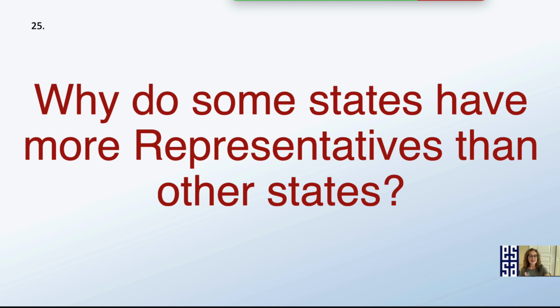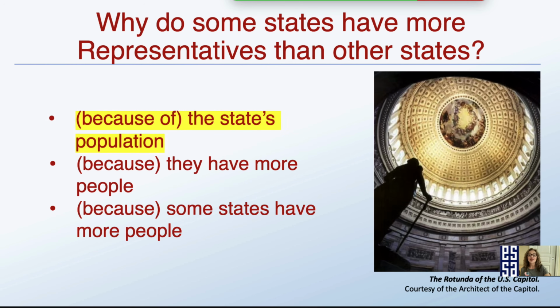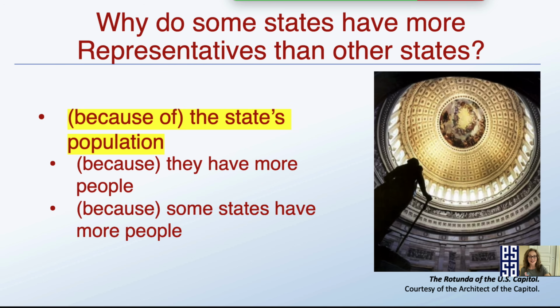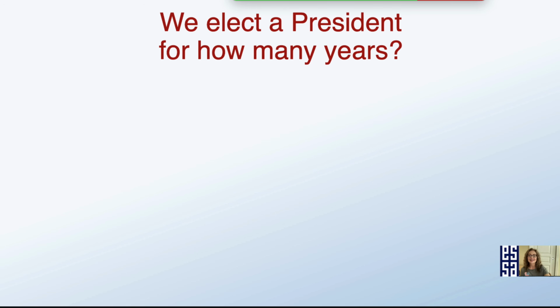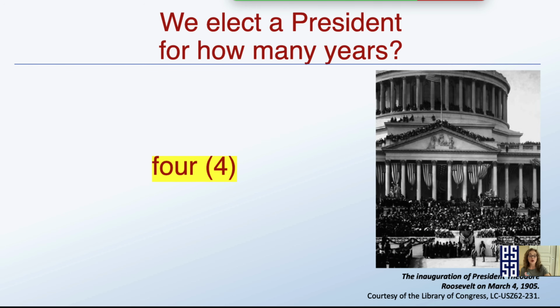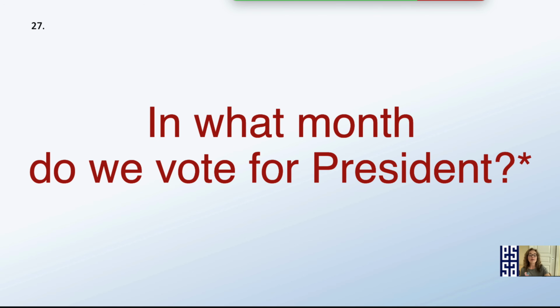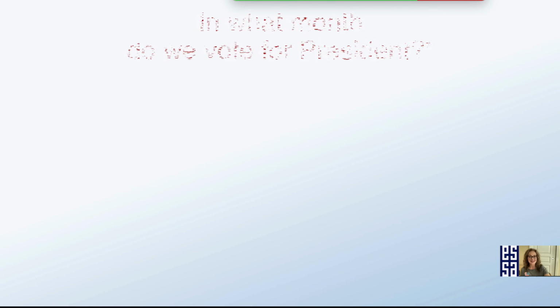Why do some states have more representatives than other states? Because of the state's population. We elect a president for how many years? 4 years. In what month do we vote for president?